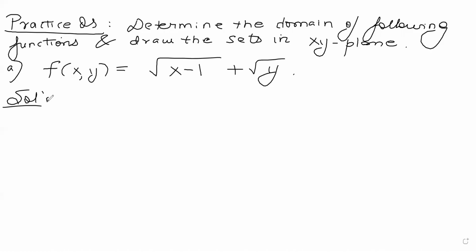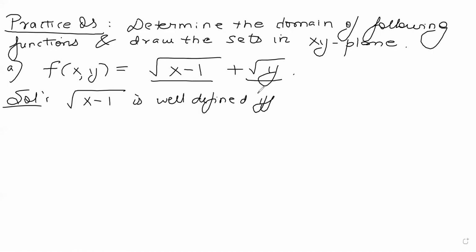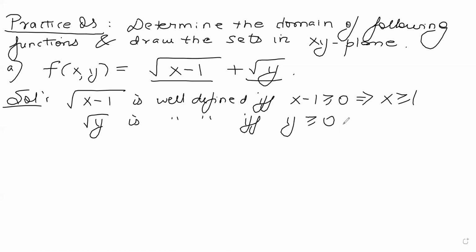You can clearly see that f of xy is the sum of these two terms. Now square root of x minus 1 is well defined if and only if x minus 1 is greater than or equal to 0, which implies x is greater than or equal to 1. Square root of y is well defined if and only if y is greater than or equal to 0.